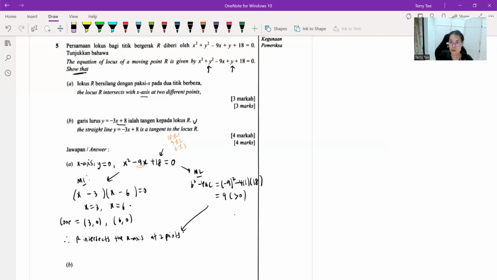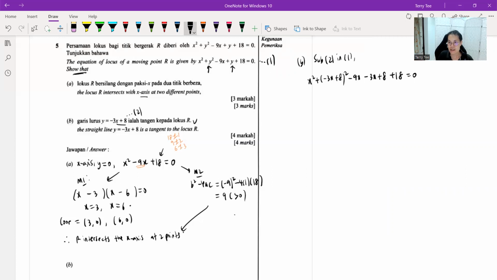Okay, so we call this equation 1, call this equation 2. This is part B over here. I'm going to sub equation 2 inside equation 1. So instead of y, we write minus 3x plus 8. All right, we square it. Then you minus 9x, write another minus 3x plus 8. Then you plus 18, and the outcome equals 0.